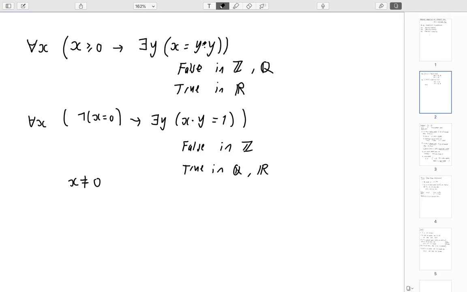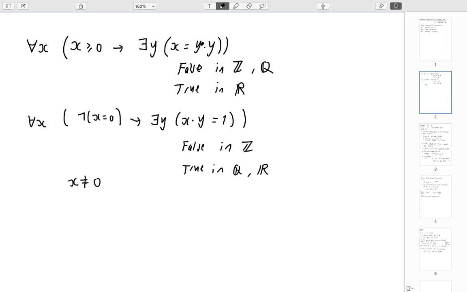Okay, so let's now consider this formula at the top here in its interpretation in the rational numbers. Now it's false in the rational numbers, and it has a determined truth value. Even before we know that it's false, which requires quite a proof, we know it has a predetermined truth value.